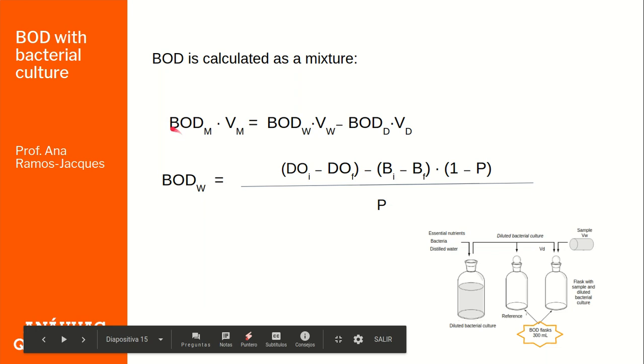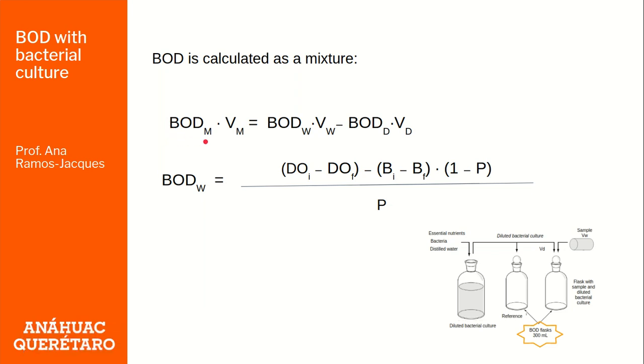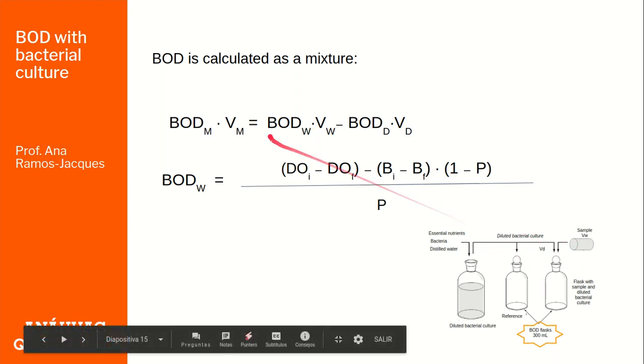So BOD M is the BOD of the mixture multiplied by the volume of the mixture, and it is equal to the BOD of the sample that is entered into the flask, multiplied by the volume of the sample.